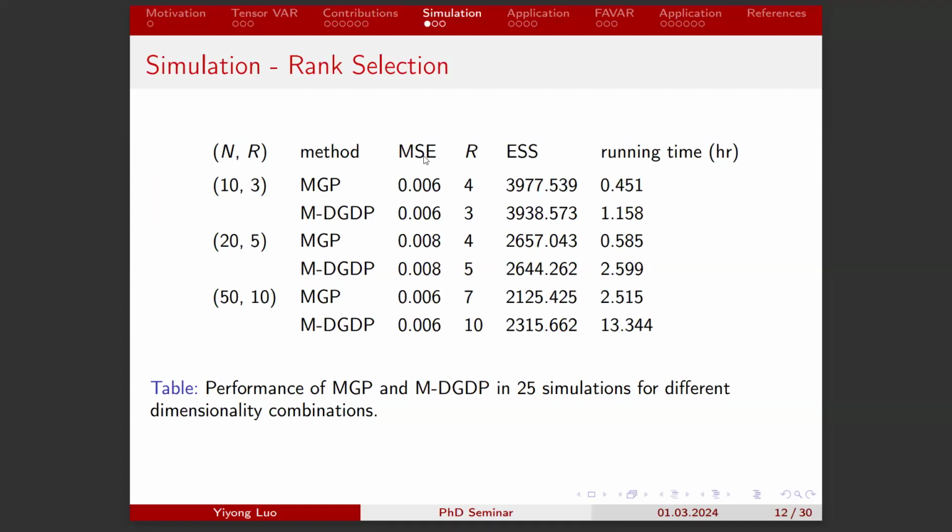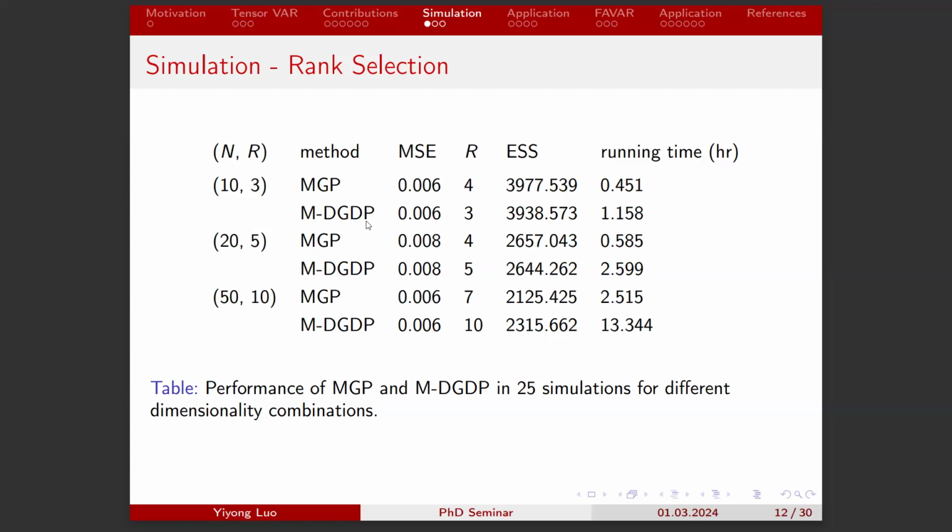So here I first would like to see whether our multiplicative gamma prior, which is this MGP, works. I have 3 scenarios with different numbers of time series and true ranks. And you can see here the competitor called MDGDP, which is another prior usually applied to tensor structure models.